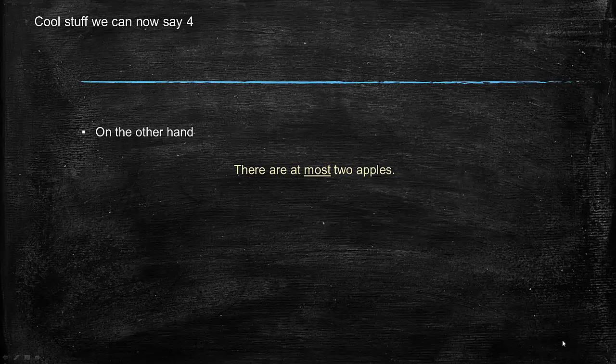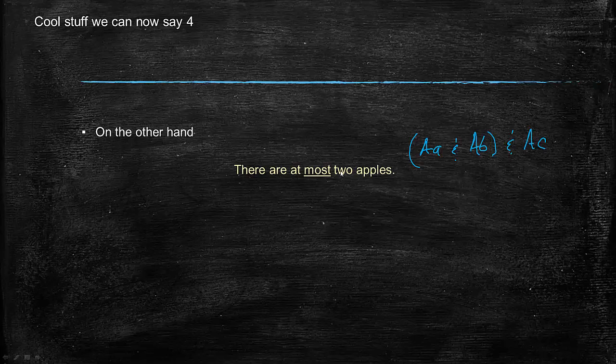So the way you could think about this is you could say, look, suppose somebody said, you know what? A is an apple and B is an apple. And you know what else? C is an apple.